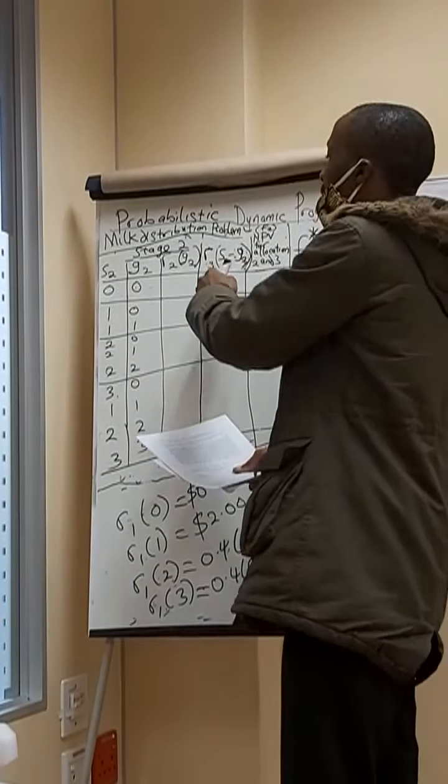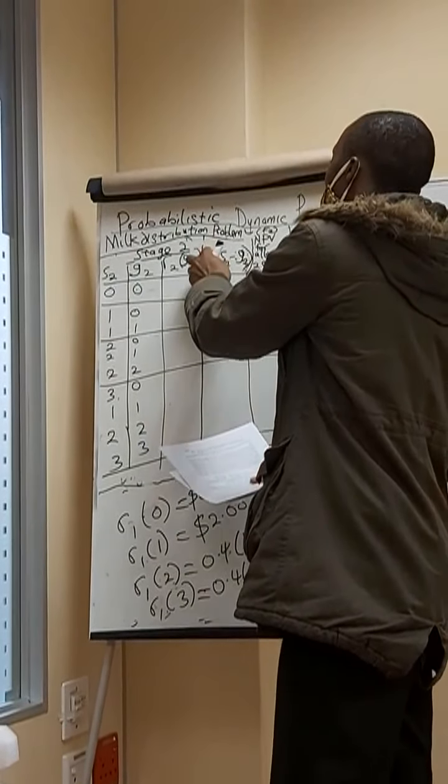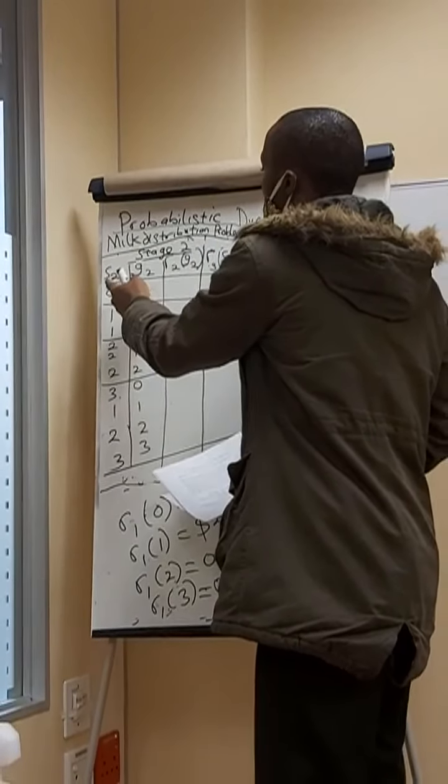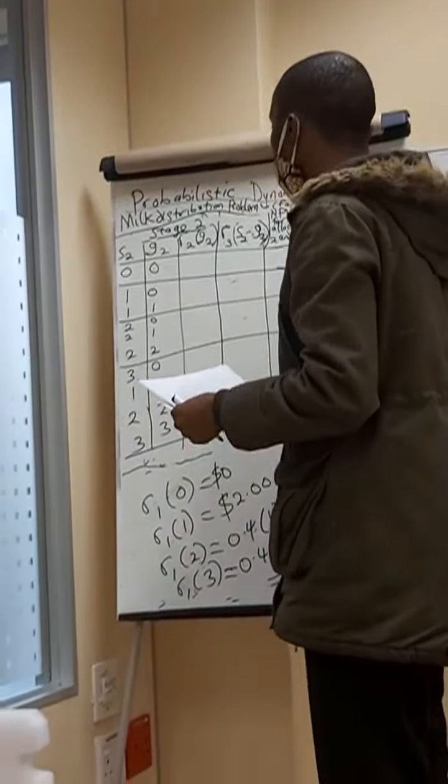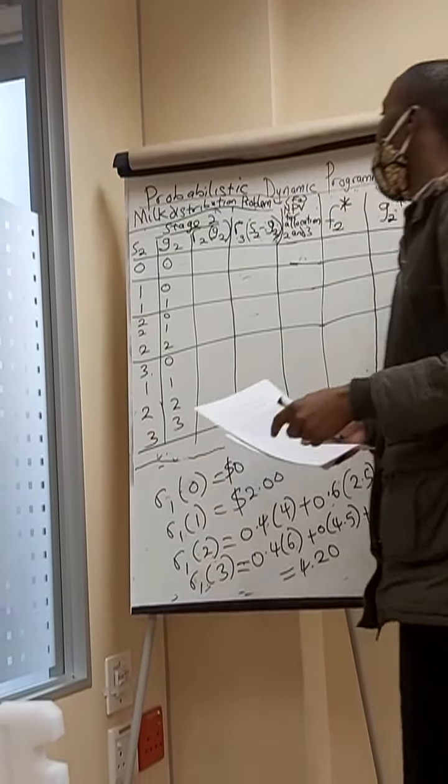So we need to check what is our corresponding revenue when you subtract your S2 minus G2. So we need to check it in our previous solution from stage 3. So I'm going to show you how to compute this.